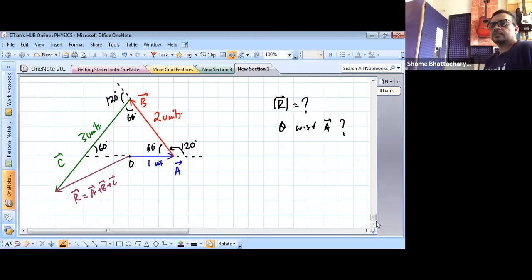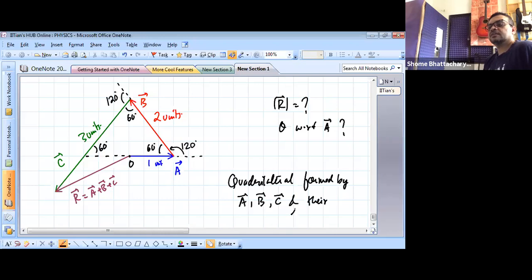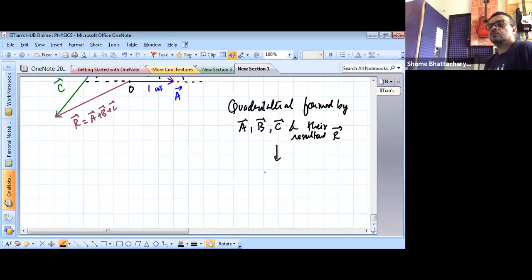So next what we can do is, we can understand that the quadrilateral formed by the vectors A, B, C and their resultant R, okay, it can be broken into an equilateral triangle plus an isosceles triangle.